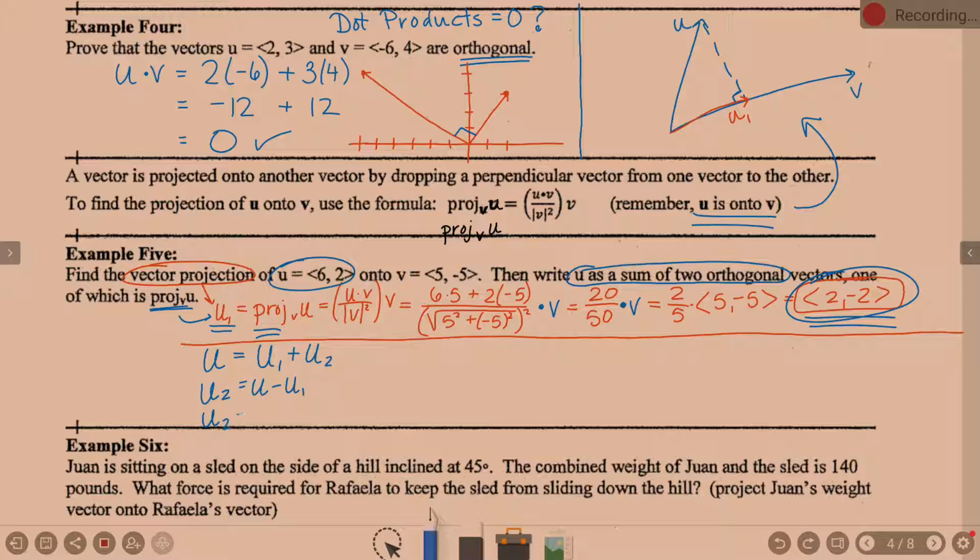So if I set up the math, u is going to be the vector 6, 2, minus u1 is the vector 2, negative 2. 6, 2 minus 2, negative 2 gives me what?